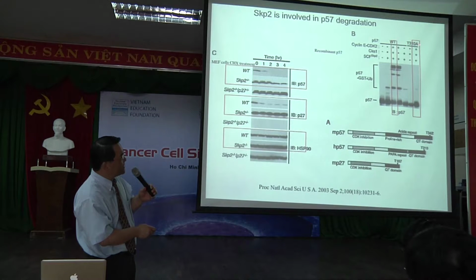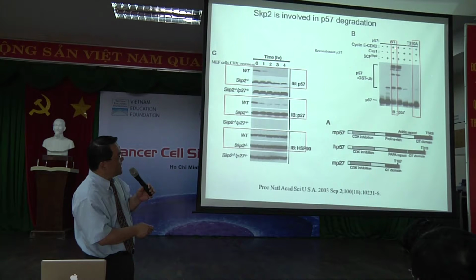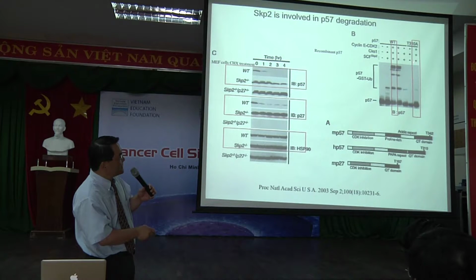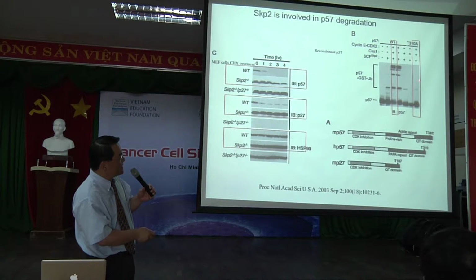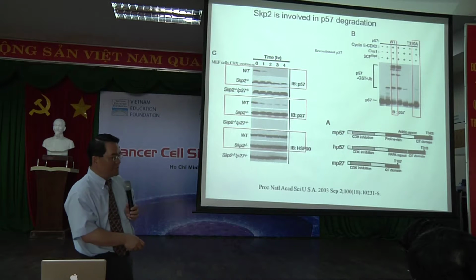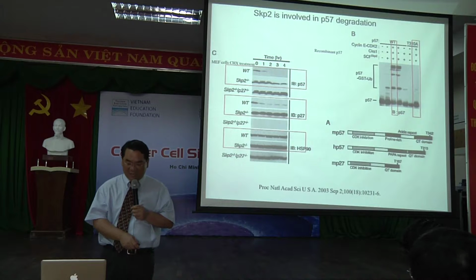If they change the threonine into alanine, it compromises the recognition by SKP2. As you can see here, the P57 ubiquitination got compromised. So this is the site that is supposedly the CDK2 phosphorylation site and allows SKP2 to recognize this, causing P57 ubiquitination and degradation.